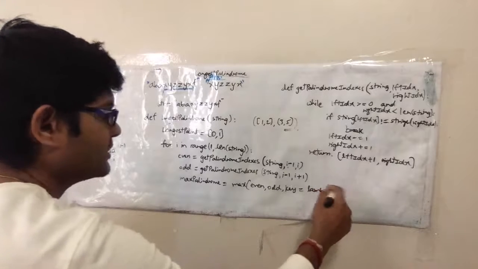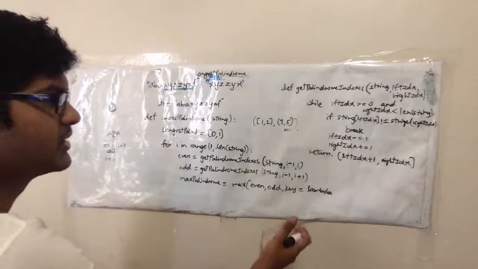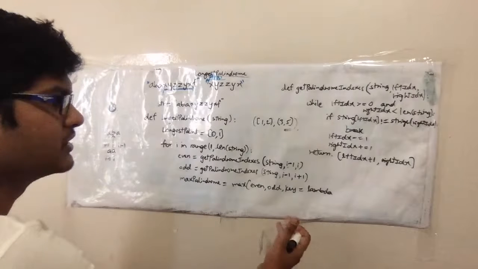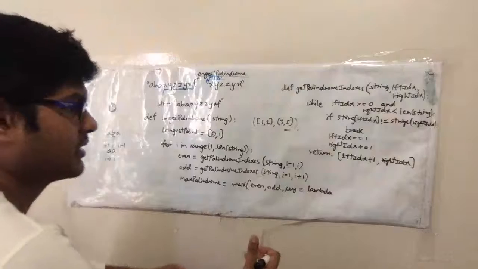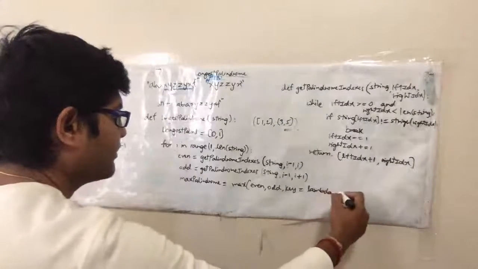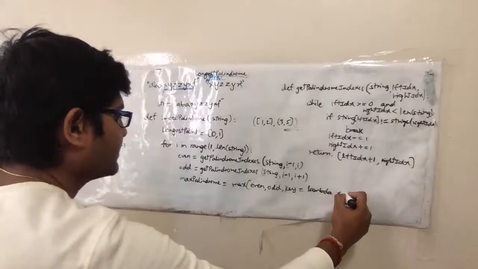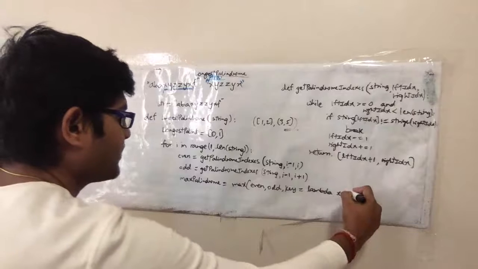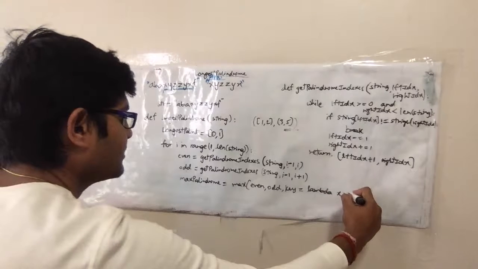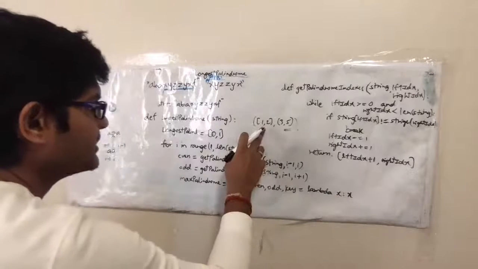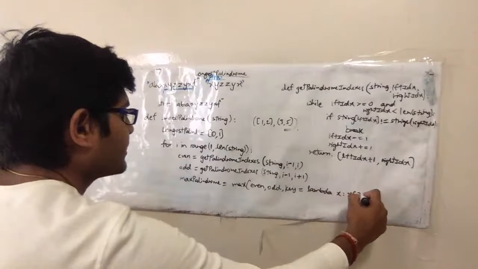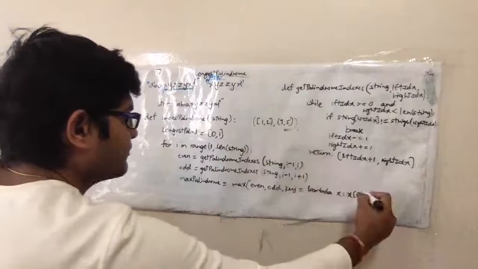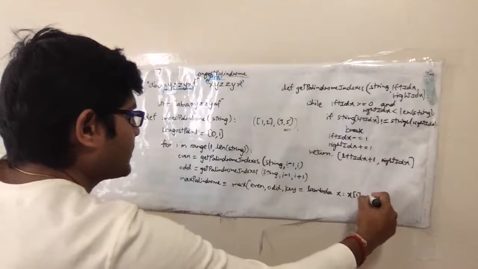Lambda is just an inline function which we can write in a single line instead of writing a separate function. So this lambda function will take a parameter, something like x, and we need to subtract x1 minus x0.